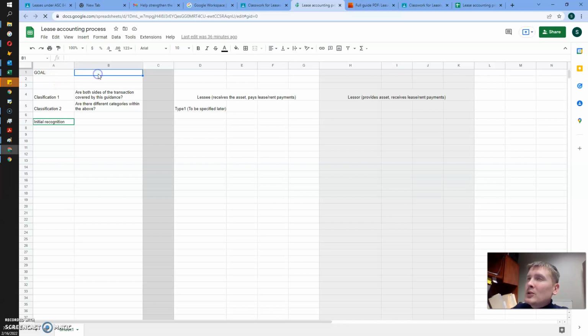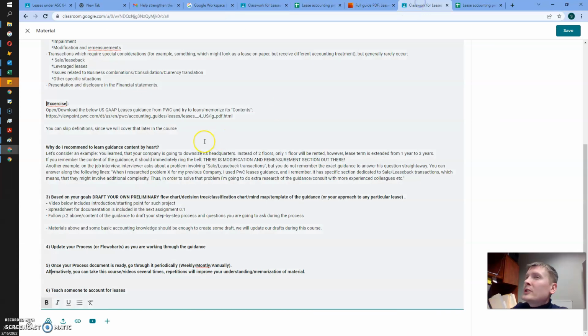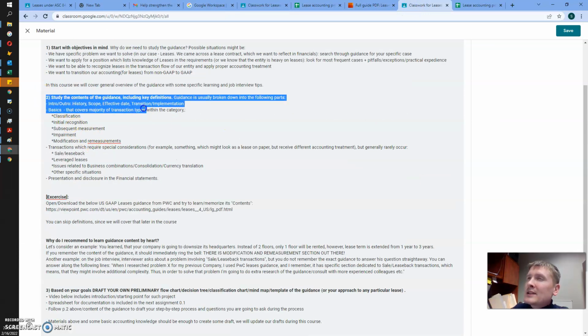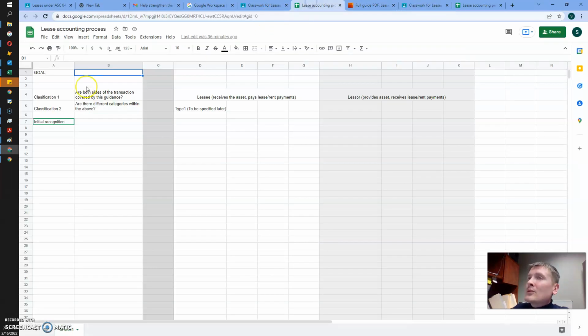So here you list your goal, then you go according to that plan, study the contents of the guidance, classification, initial recognition, subsequent measurement, and so on. So for example, I started here for you. So what do we know about classification? You can look into the guidance or you can make assumptions. We will go through all of that together, but now you just need to create some template.